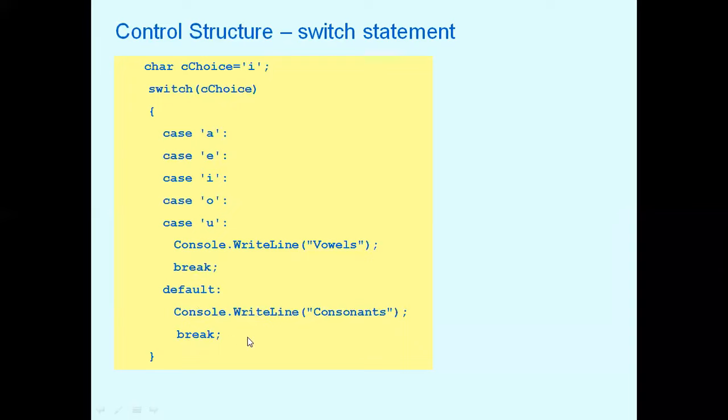And when we don't need breaks for individual cases, meaning out of these 5 conditions only one common statement is required, then there is no need to write Console.WriteLine vowel, break, again and again. All these cases have the same 2 lines only. That is the reason we can write them all at one place. Okay, this is finally vowel.